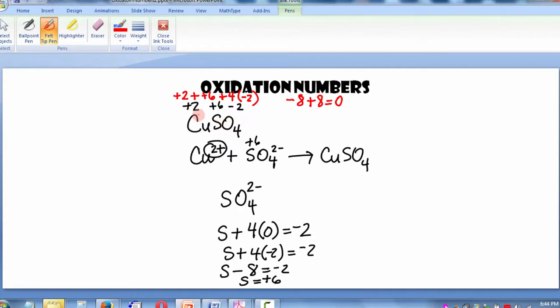So 0 is our overall charge. This is an ionic neutral compound, so we know our oxidation states are correct. For copper, it's plus 2, sulfur being plus 6, and oxygen being minus 2.